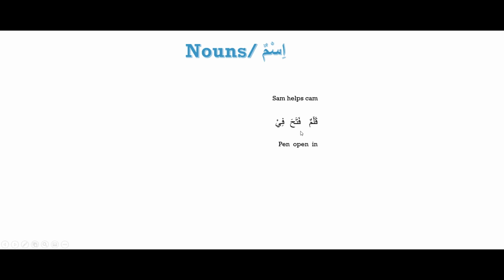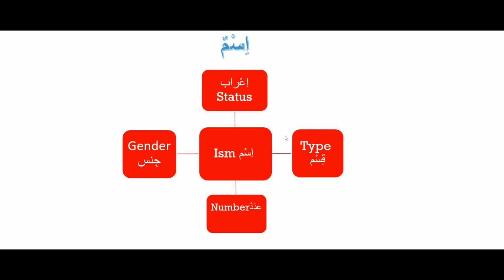So in order to know a noun, we have to learn the properties of a noun. And ism in Arabic has four properties. Every ism has a gender. That means an ism can be masculine or feminine, and it will have a number. It can be either singular or dual or plural. And type means the ism can be definite or indefinite.